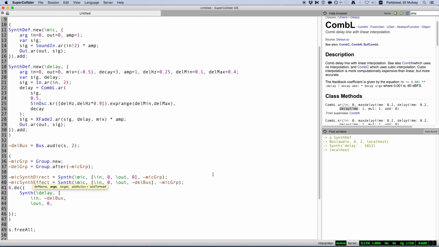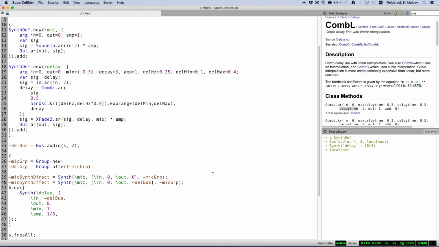Now, because we already have the mic signal that goes directly out, we don't need to hear any of that direct signal through the delay synths. So it makes sense here to set the mix argument to 1. And because we have 6 synths, we should scale the amplitude argument down to compensate. 1/6 is probably fine.